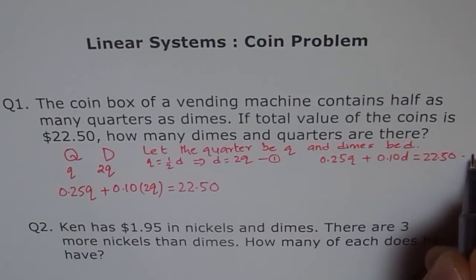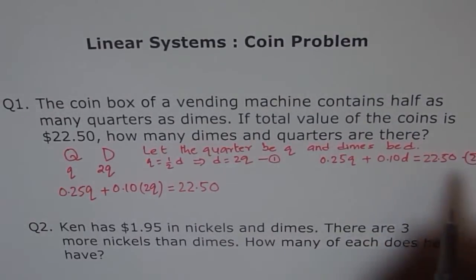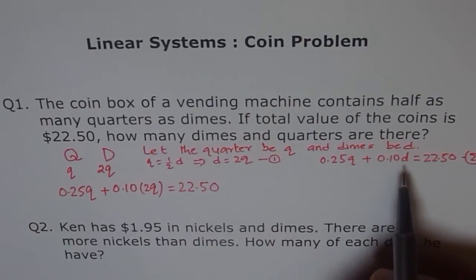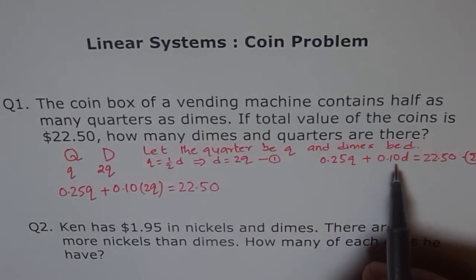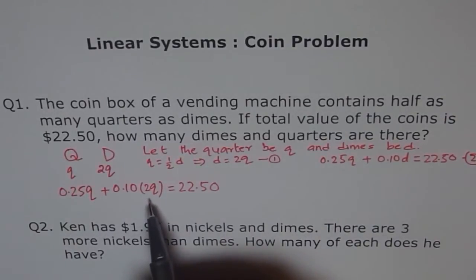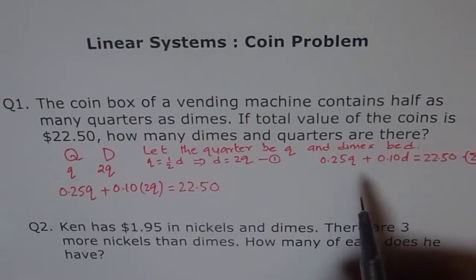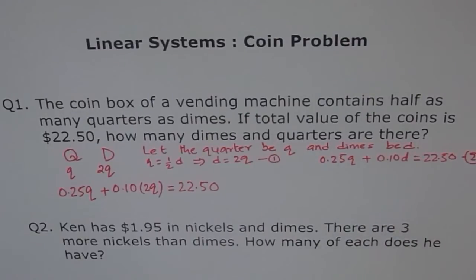So that will become your second equation. Is that okay? Now once you get the second equation, then you substitute D, which is 2Q, in your second equation, right? And then you will get what I wrote here. Is that okay? So I'm just showing you two methods in parallel, mainly because it depends how you want to approach it. Correct?